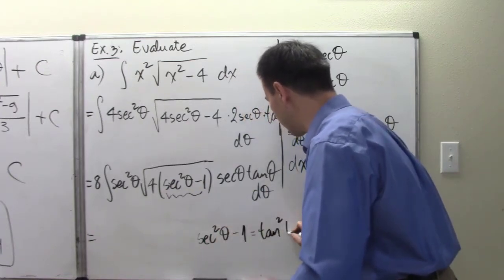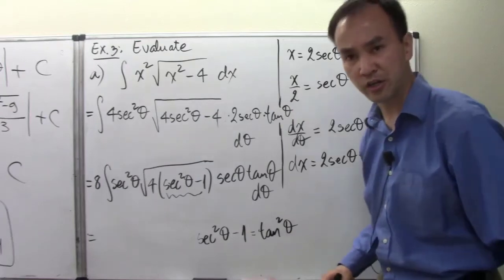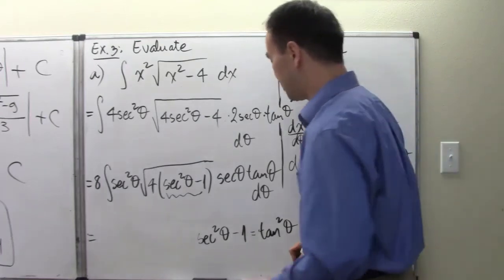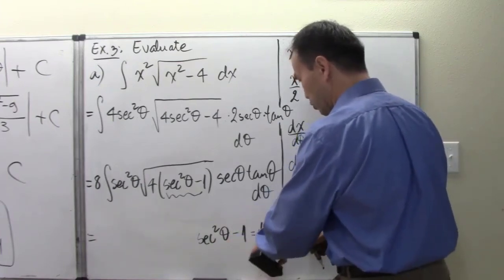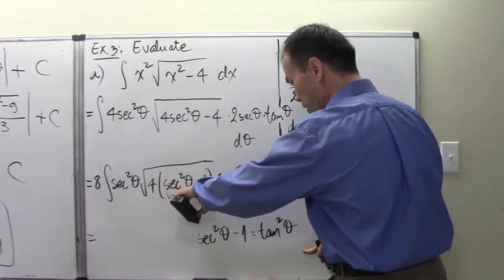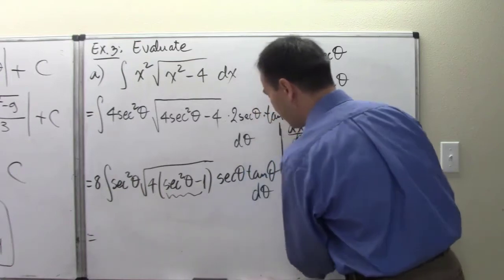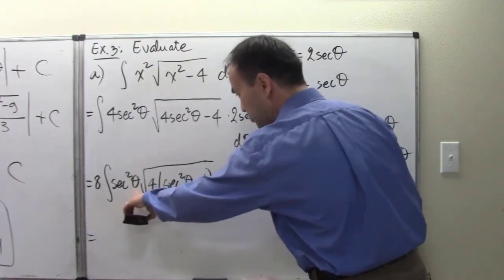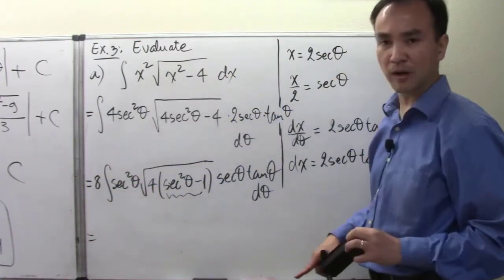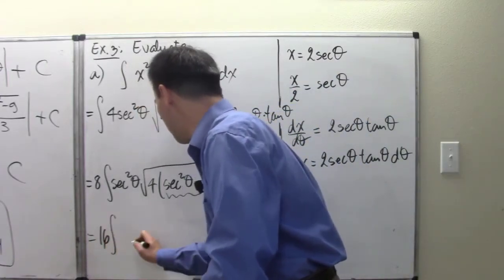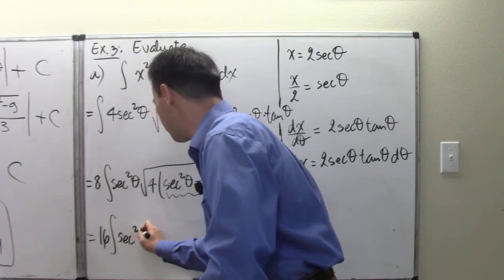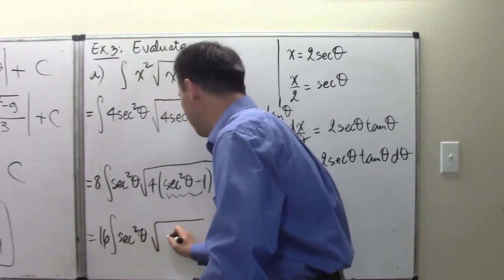We saw this many times throughout this lecture already. Okay, and so now I'm going to take that understanding and substitute that tangent square of theta for secant square minus 1 here. And then in my next step, I'm also going to pull out the 4 outside of the root and multiply it with that 8 in front. So that gives me 16 integral of secant square of theta and then times square root of tangent square theta.